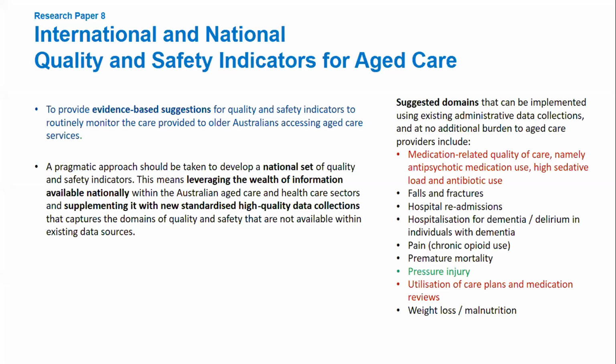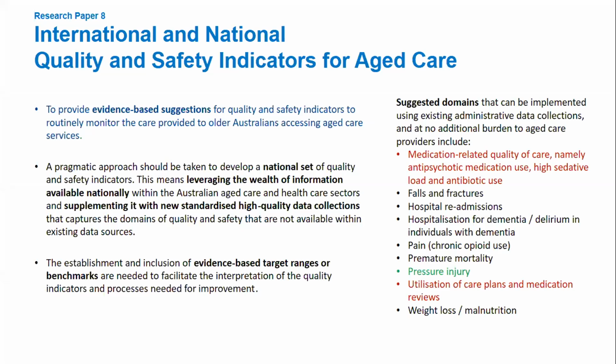What they found was already existing was numerous indicators, including medication related quality of care, namely antipsychotic medication use, high sedative load and antibiotic use, and also utilisation of care plans and medication reviews. What I was pleased to see was that they also recommended that the establishment and inclusion of evidence-based target ranges or benchmarks are needed to facilitate the interpretation of the quality indicators and processes needed for improvement.